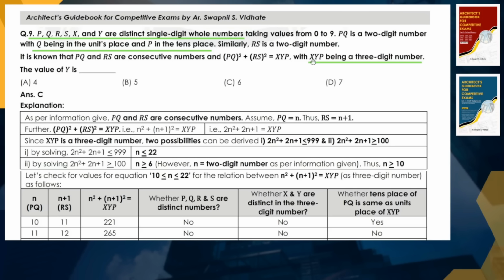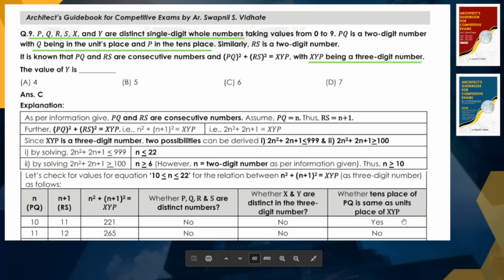So the three digit number cannot be 110, right? It cannot be 221, because the X and Y are distinct in the three digit number. Similarly, the third condition we need to fulfill is whether the tens place of PQ is the same as the units place of XYP, right? For example, here the tens place of PQ should be the same as the units place of XYP.